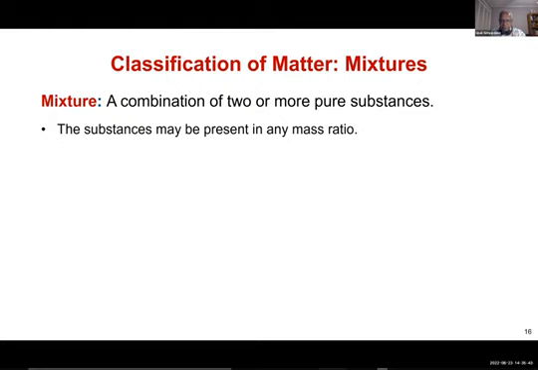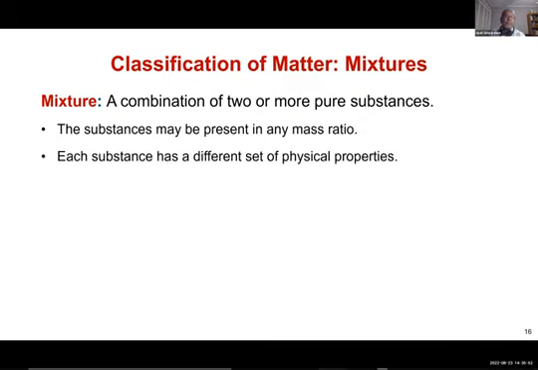This is the language we use for describing mixtures: dilute solution, concentrated solution. Each substance has a different set of physical properties, so the physical properties of the mixture depend on composition.